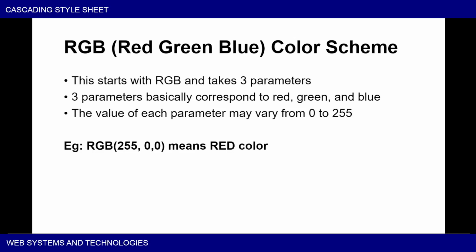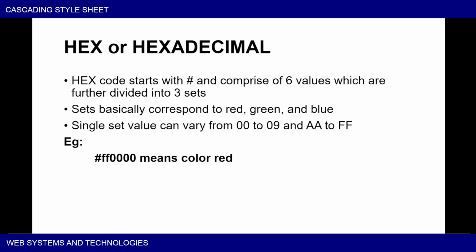Those are the values that you can input on those parameters. Let's say for example, you have RGB 255 for the first parameter, which is for red, and the next two parameters have a value of 0 and 0. This means that the color we're producing with this combination is red.